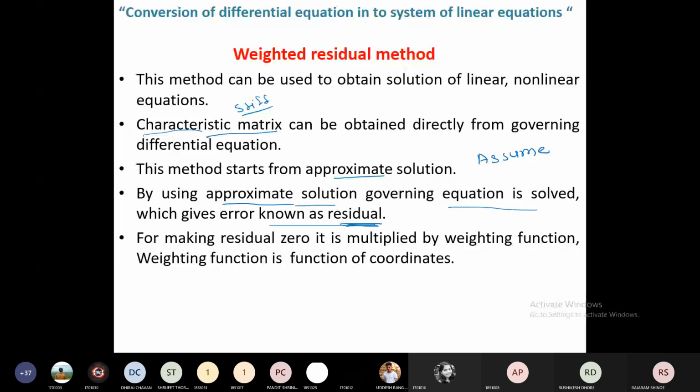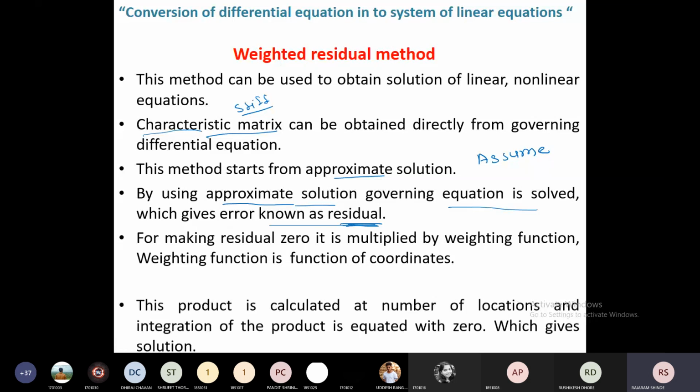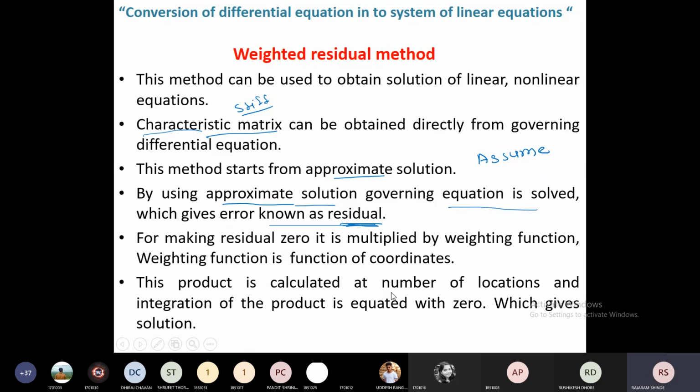But here you have to remember the steps only. Weighting functions are functions of the coordinates only, and the residuals are multiplied by the weighting functions. The product is integrated, and the integration of that product is equated with zero. That will give the solution to the differential equation.